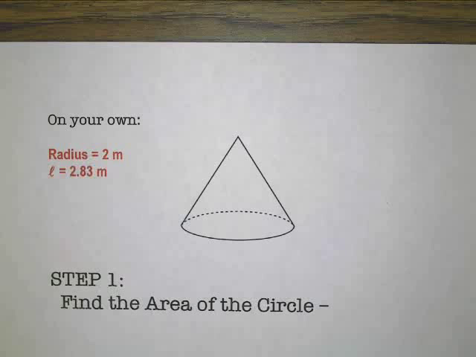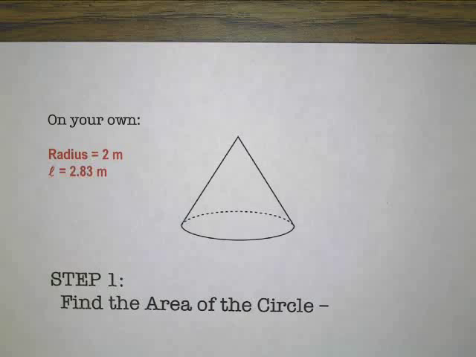What's the equation we're going to use, Kayla? Pi times what? Pi times radius squared. So what is our radius, Dustin? Our radius is what? 2. 2 squared is what, Sam? 4.